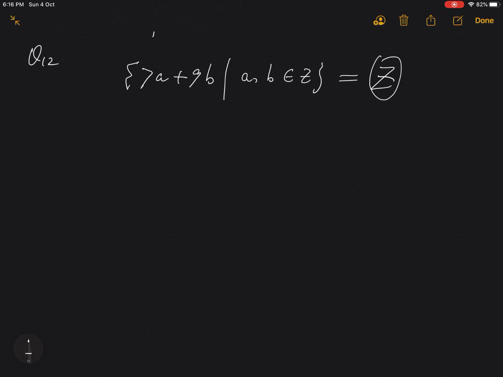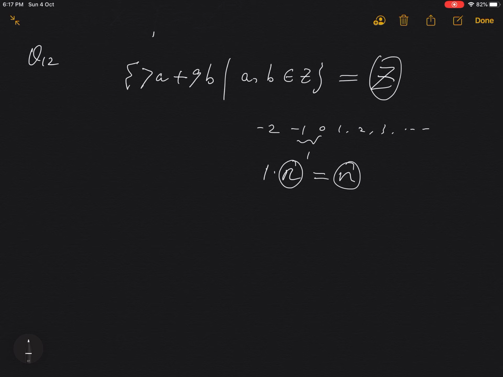Integers are 1, 2, 3, and so on, and 0, minus 1, minus 2, and then we can see the gap is 1, right? So if we can find 1, and times n, it can be any n, an integer.